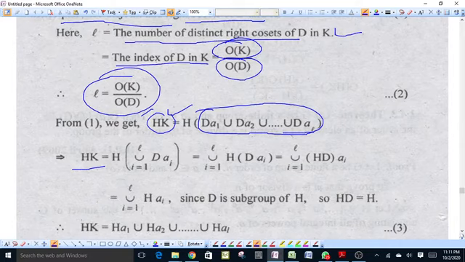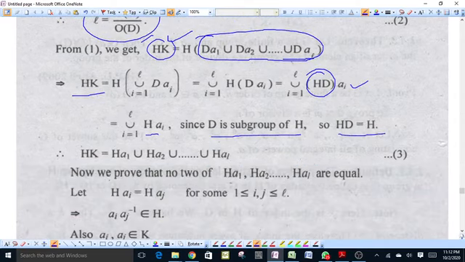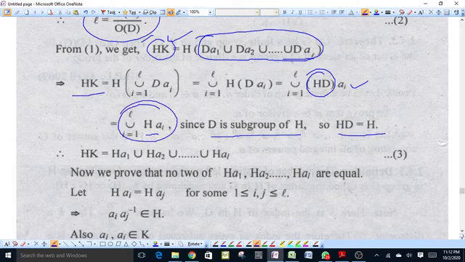This will be equal to the union over i equal to 1 to l of HDai, and here HD is equal to H because D is a subgroup of H, so HD will be equal to H. This is the union of all the right cosets of H in G.